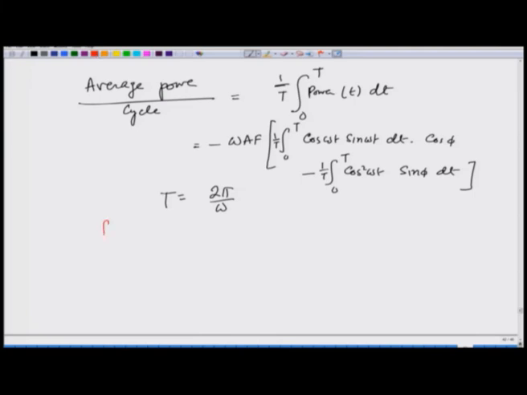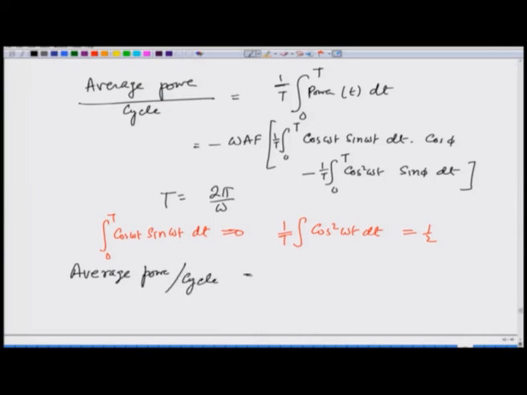You can easily show that the integral from 0 to T of cosine omega t sine omega t dt is 0, and the integral of 1 over T cosine squared omega t dt is 1/2. Therefore, the average power per cycle is omega a f sine of phi divided by 2.